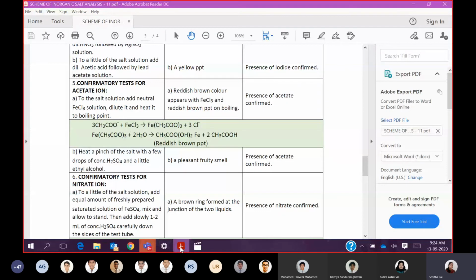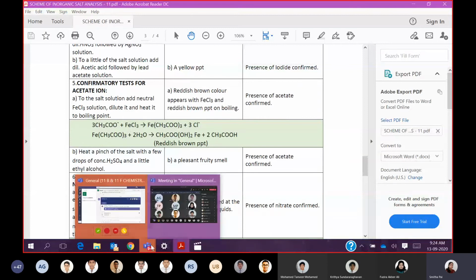So you have observed a video on the test for chloride. So again, you must have observed the color of the salt, it will be colorless or white. So in the lab, grade 11, you will be given only colorless salts.